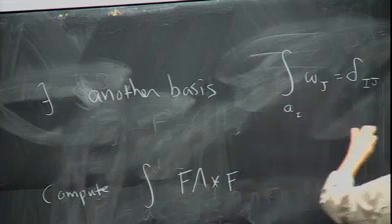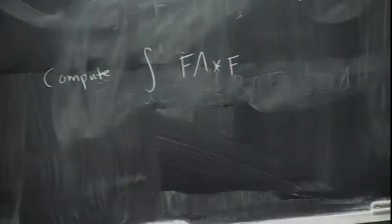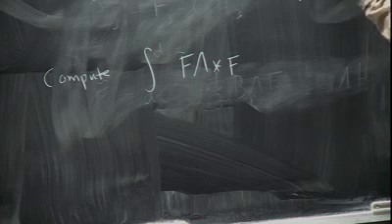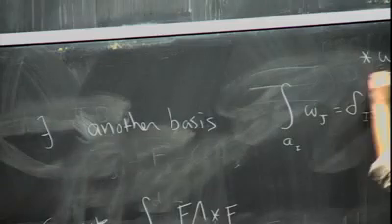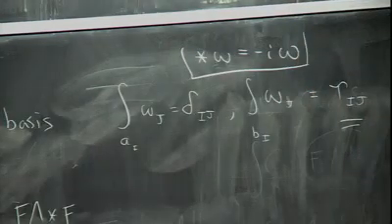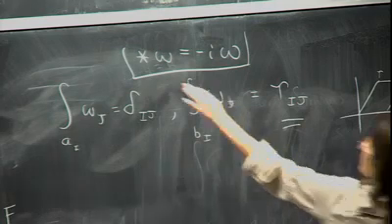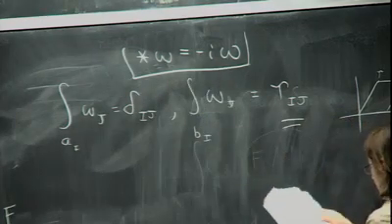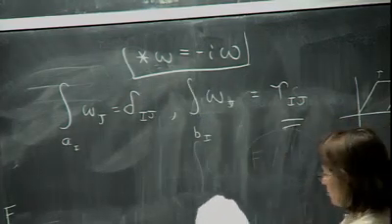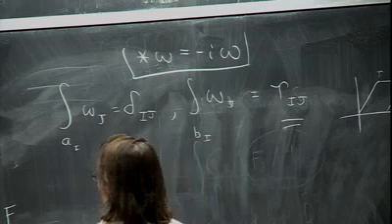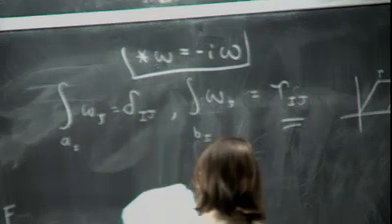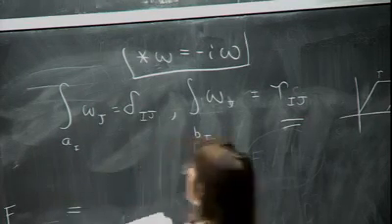So I should say the other thing that's very useful about the holomorphic basis is that it satisfies this very useful property that its Hodge dual is minus I times itself, and that allows one to make this calculation very easily. So you do that.